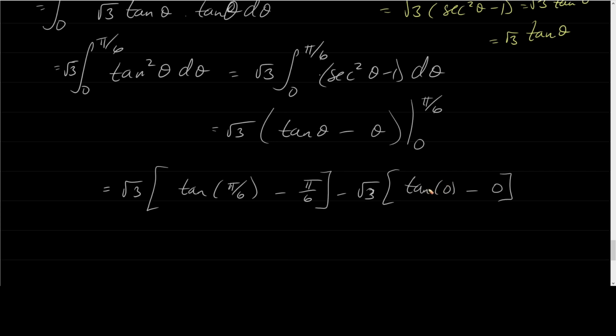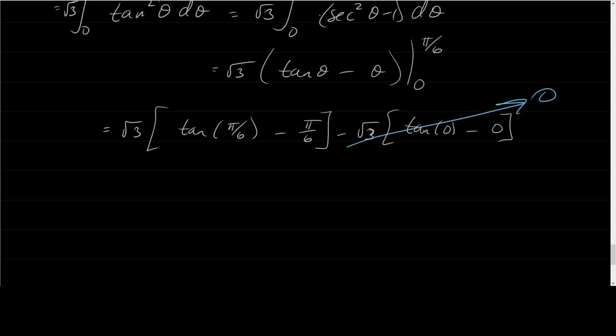Tangent of 0 is 0. So that means that entire part right there just goes to 0 and it goes away. So now, tangent of pi over 6. Well, if you recall what that might be off the top of your head, recall that tangent is sine over cosine.